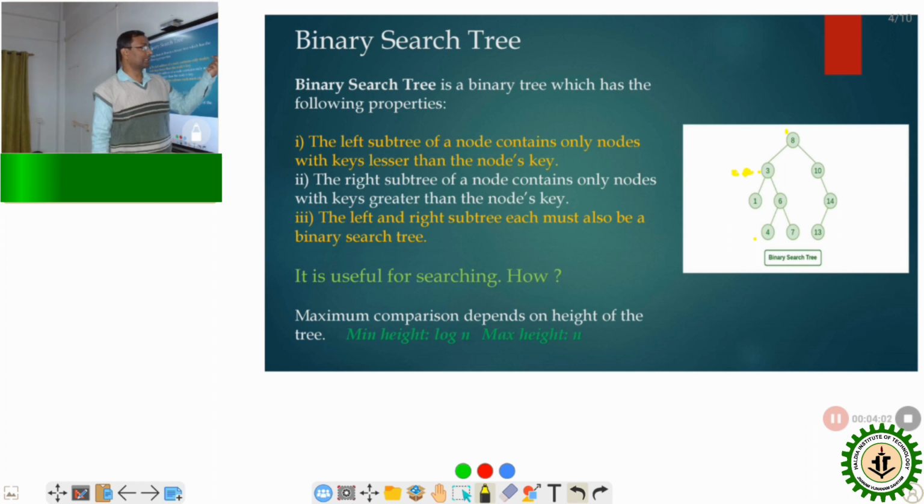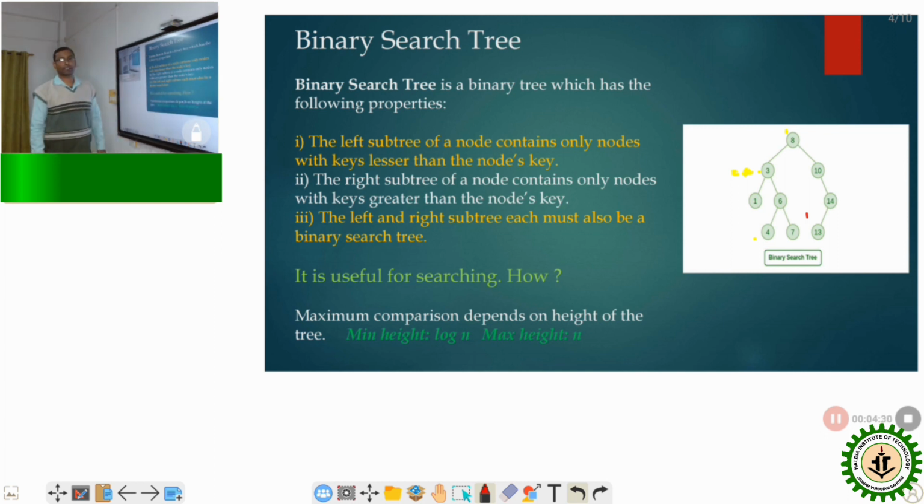So 4 is greater than 3, so we will move to the right subtree of 3. Here we see 6, and 6 is greater than 4, so we will move to the left subtree of 6. Once we move to the left subtree of 6, we see the element 4 that we want to search.